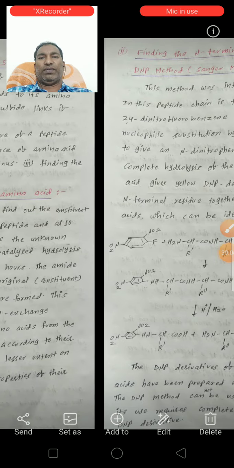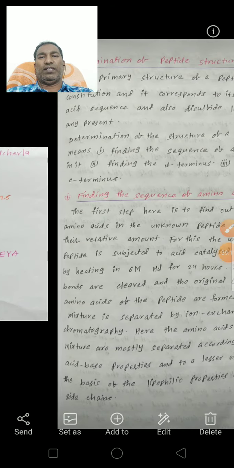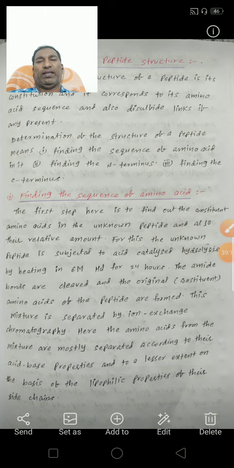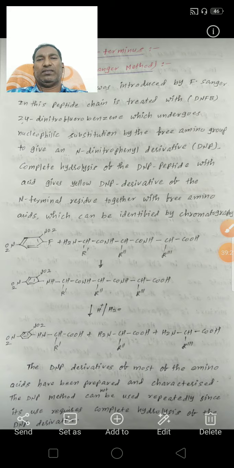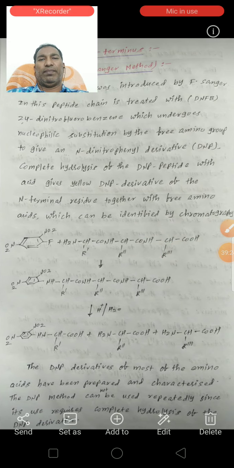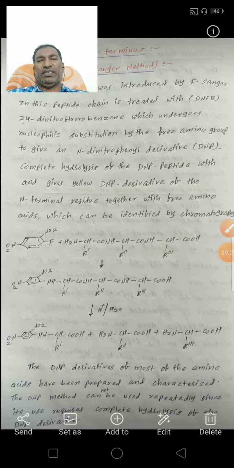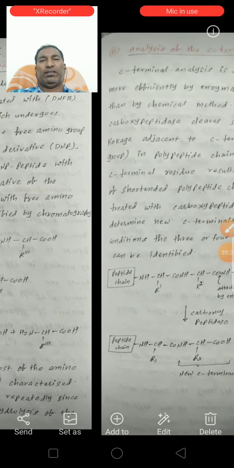So here, first one is, repeat once again, determination of peptide structure. The determination of peptide structure is of three types: finding the sequence of amino acids, finding the N terminus by using Sanger's reagent, that is 2,4-dinitrofluorobenzene, and the third one is the analysis of the C terminus enzymatically.